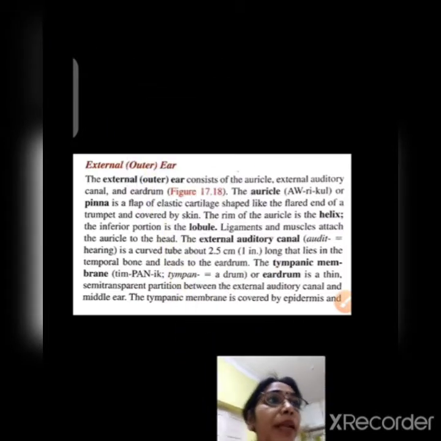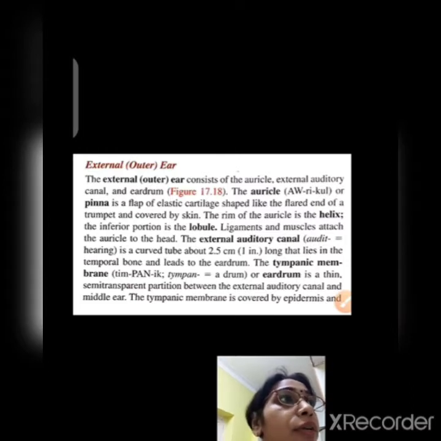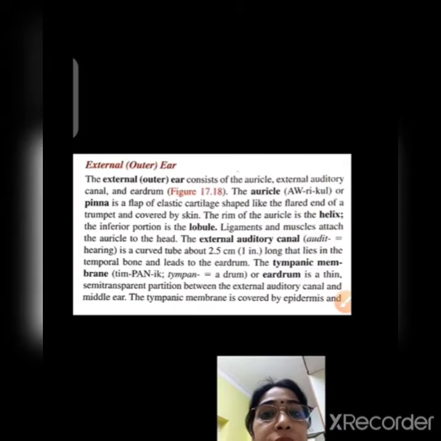Now the tympanic membrane is covered by epidermis and lined by simple cuboidal epithelium. Between the epithelium layers is connective tissue composed of collagen, elastic fibers, and fibroblasts.